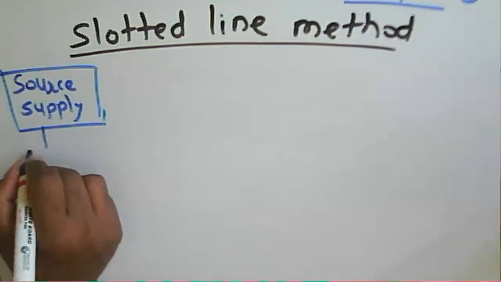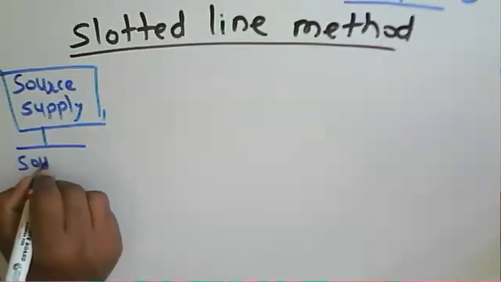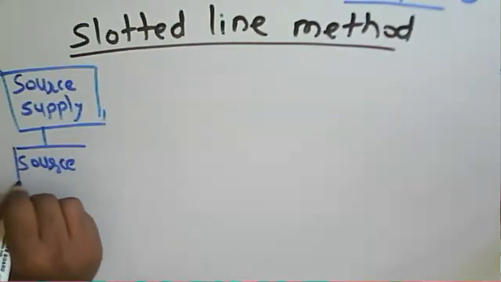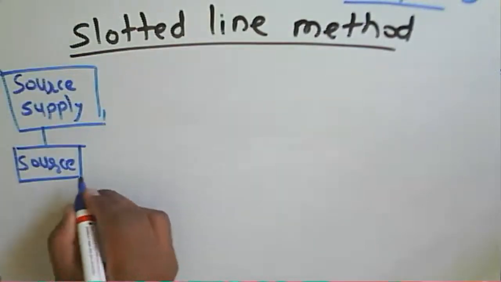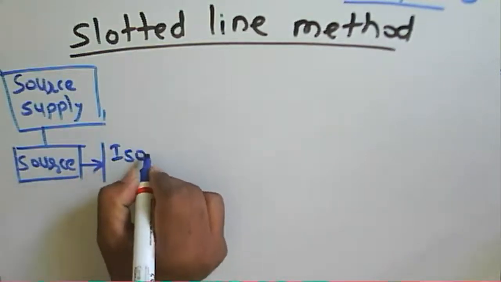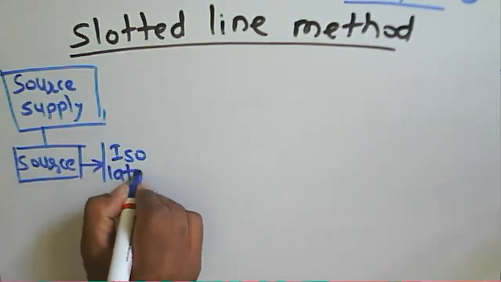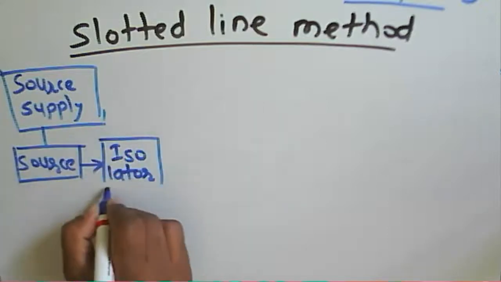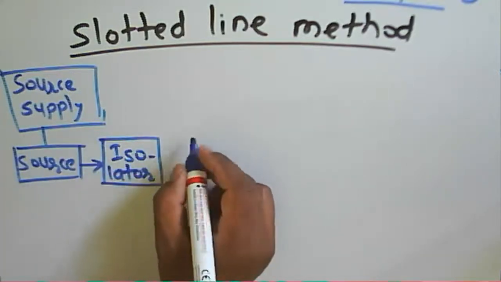Then we consider a given source. After that we have an isolator, then a flap attenuator.